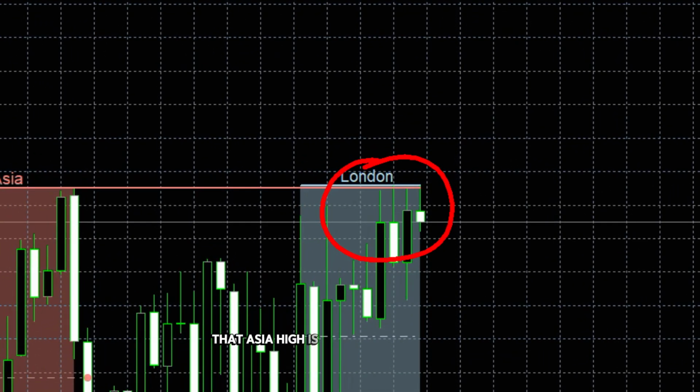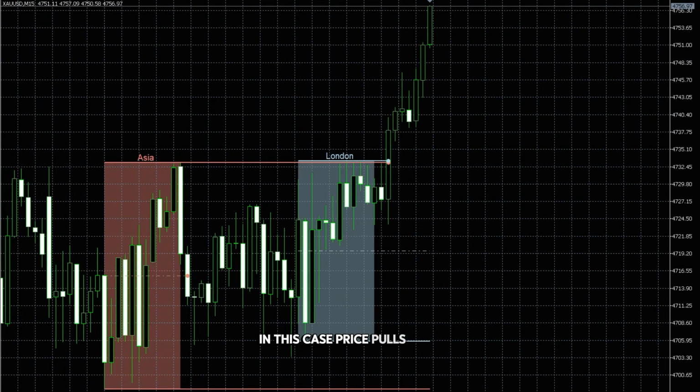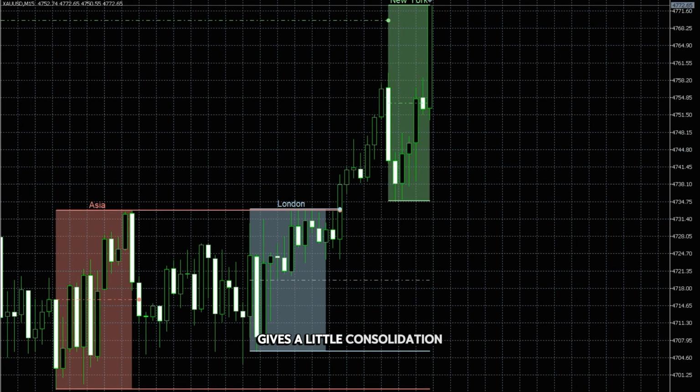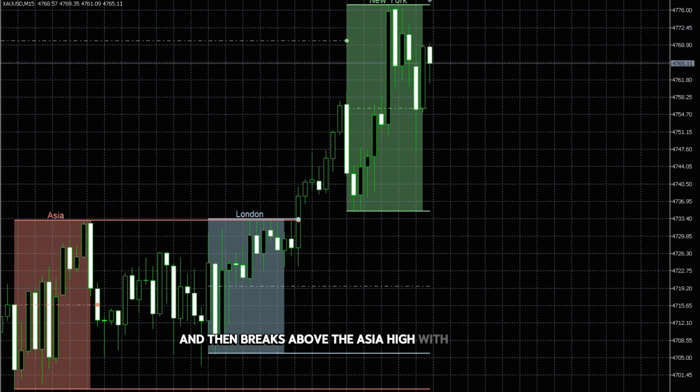That Asia high is now acting as resistance. A trader using this concept would see that level and know this is a decision point. Price either bounces back down from here or breaks through and we get a London breakout move. In this case, price pulls back, gives a little consolidation, and then breaks above the Asia high with momentum.